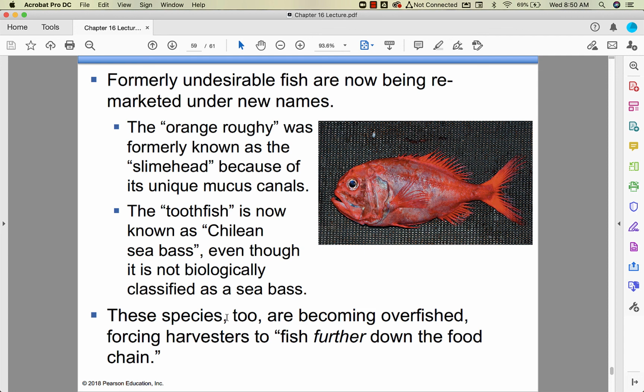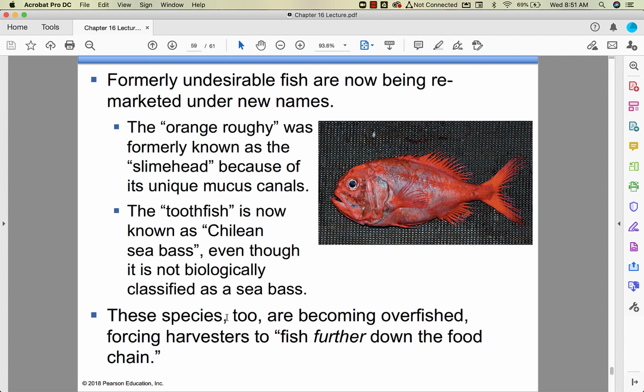Okay. So they're renaming fish that weren't delicious before. So if you've eaten orange roughy, okay, it used to be called the slime head because of mucus canals in its head. Nobody would eat a slime head, right? But if it's an orange roughy, oh, it's delicious. It's the same fish. All right. The toothfish, right?